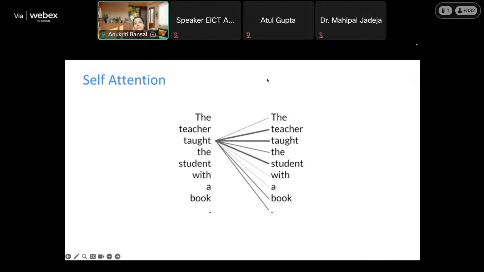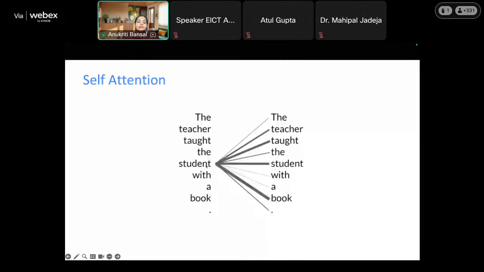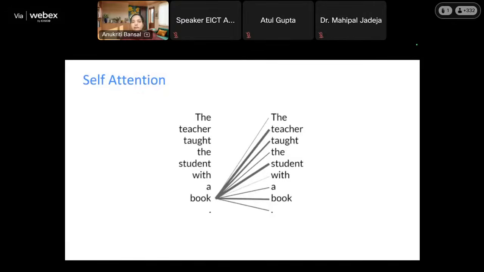It identifies the correlation between all other words in the text and also checks which word has a stronger relationship. Student has a strong correlation with book, taught and teacher as compared to all other words. Okay, so this is how it works.